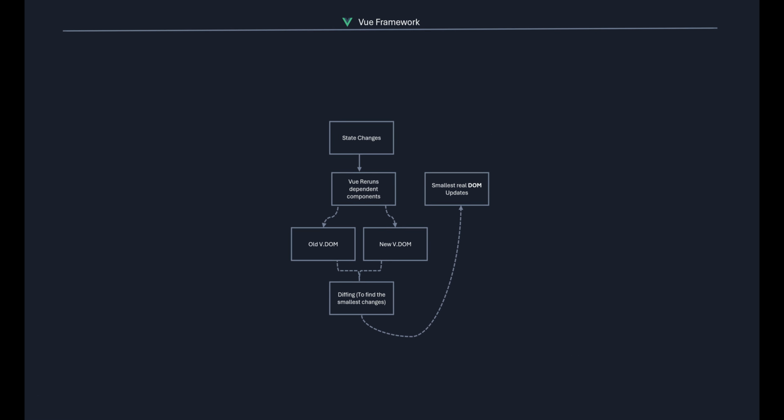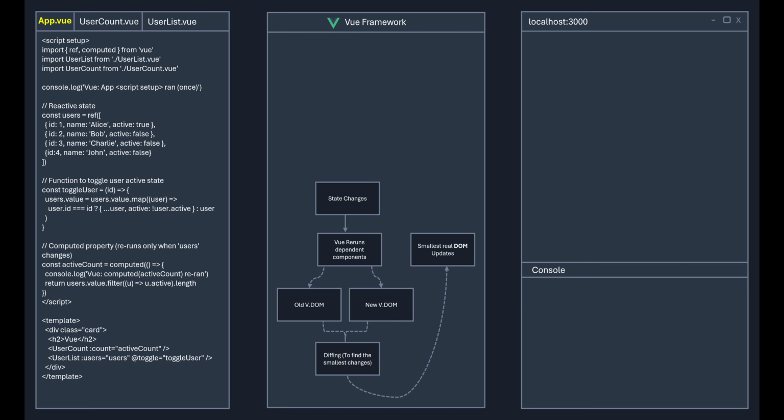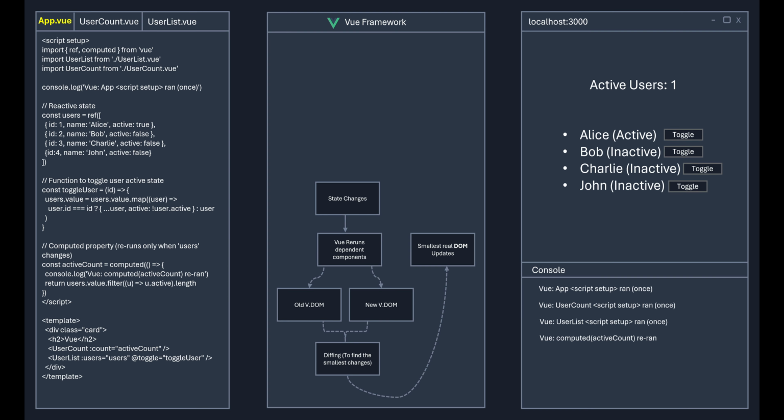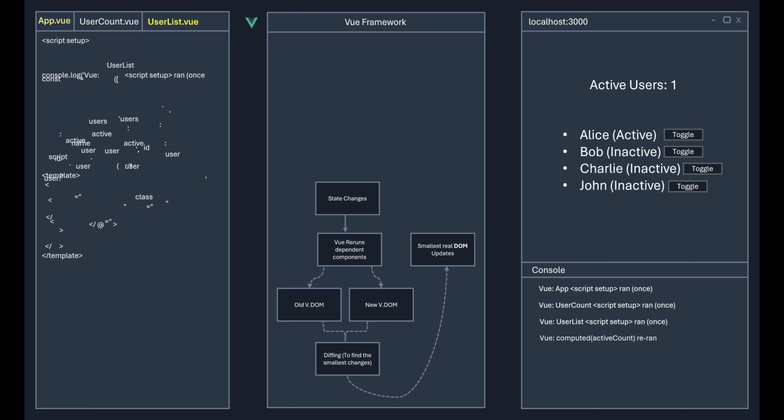Alright, now let's jump into the Vue code and see how it behaves differently from React. The initial render is already done. You can see all the console logs from the components on the screen. Let's pick it up from the moment the user interacts with the app when the toggle button is clicked.